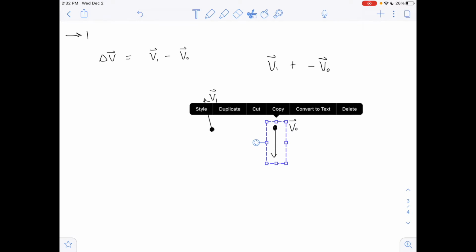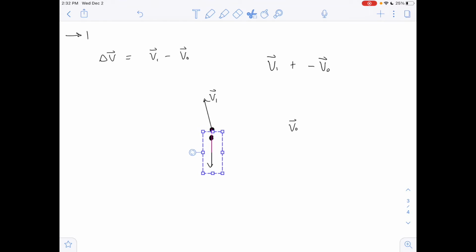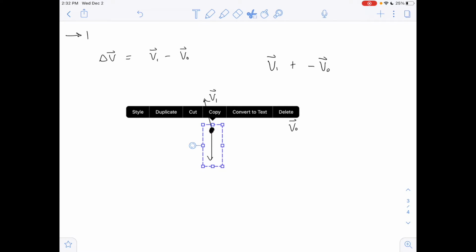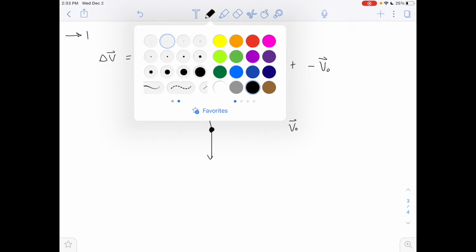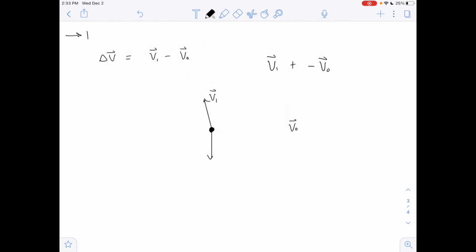And now we can just add those two vectors together. And to do that, we could use the tip-to-tail method, or we could use the parallelogram rule. So if I put those two vectors at the same starting point, then what we could just do is draw parallel lines. So use a dashed line here. We'll draw parallel lines for those vectors.